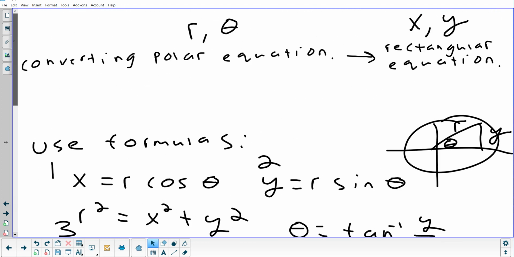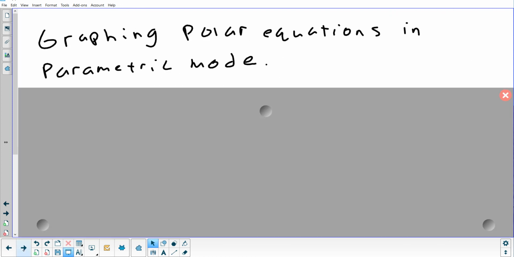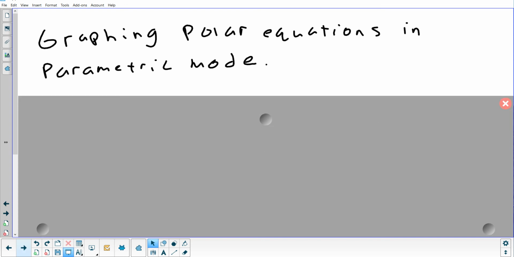All right, so that's converting a polar equation to a rectangular equation. Let's look at converting a polar equation now to a parametric equation. Okay, so this is polar to parametric.